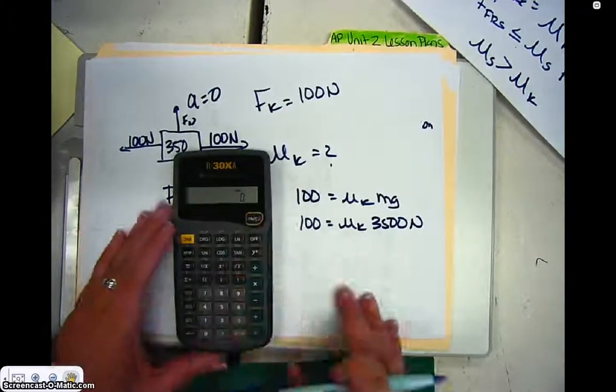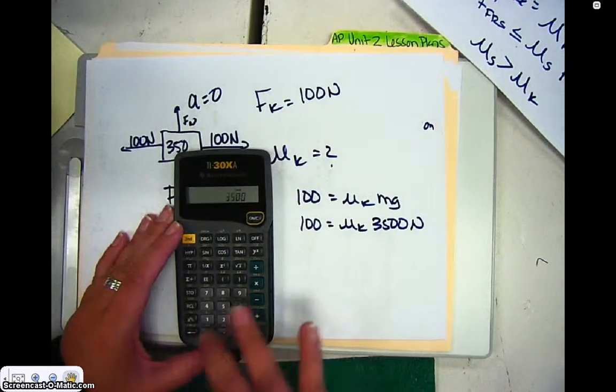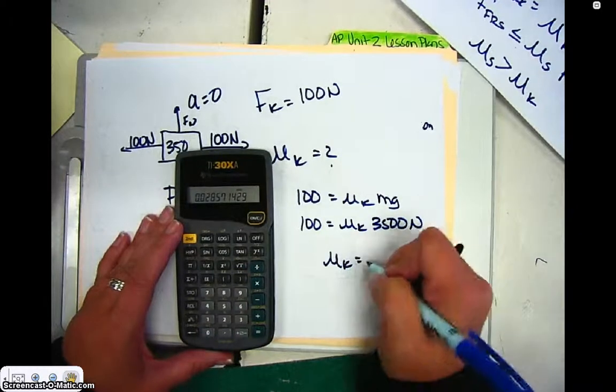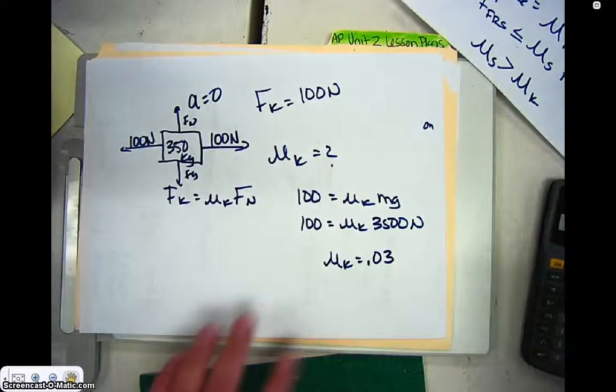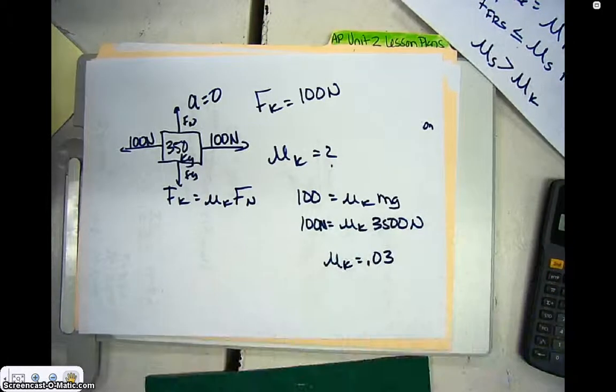So your coefficient of kinetic friction would be equal to 0.03. It is unitless because this is a newton and this is a newton, so when you divide, the newtons cancel.